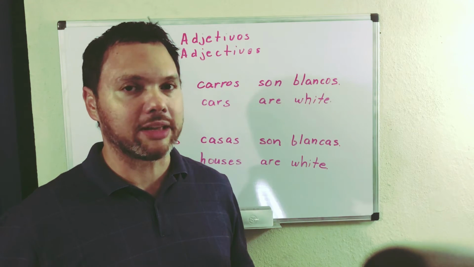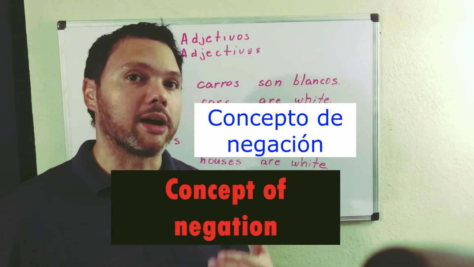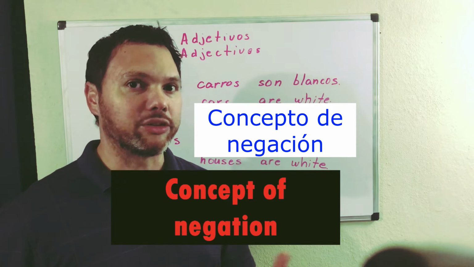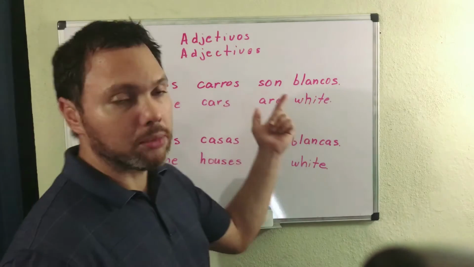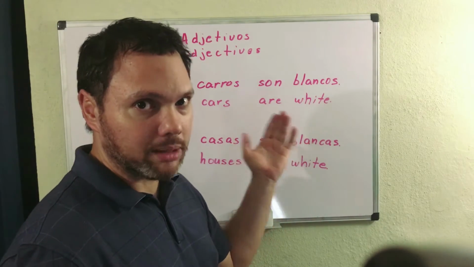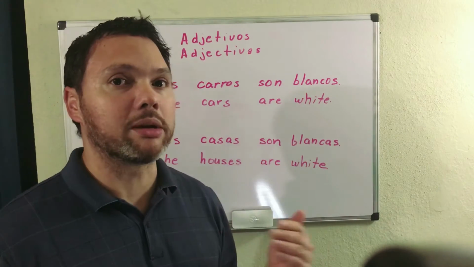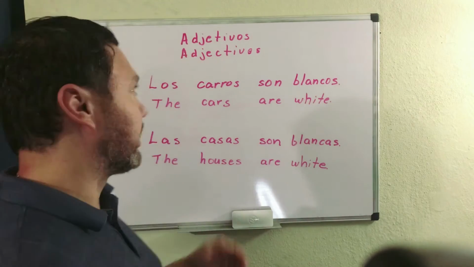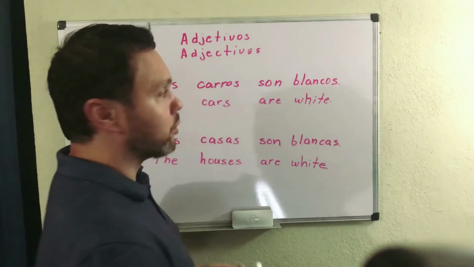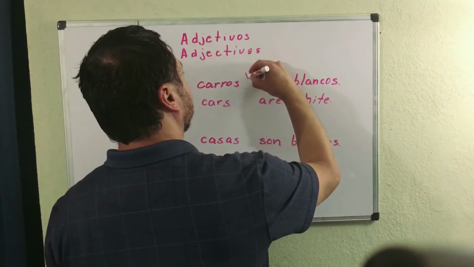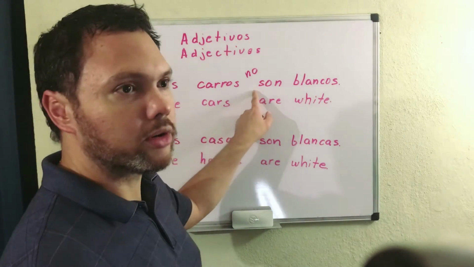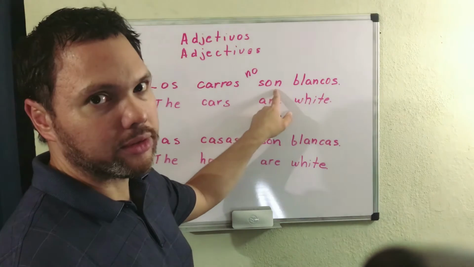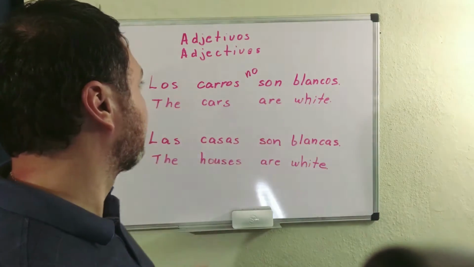Okay? Let me give you some examples of the concept of negation in Spanish. La negación. Negation. Los carros son blancos, right? That's the positive statement. If you want to make a negative statement, you will say, los carros no son blancos. So you put the no before the action, the verb, okay?